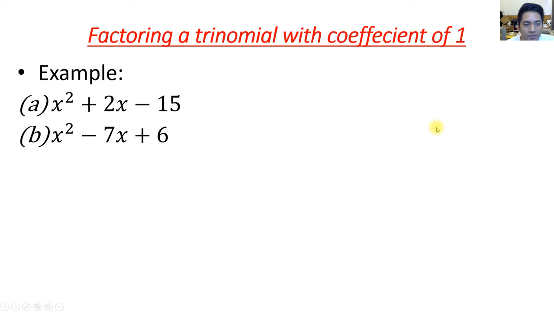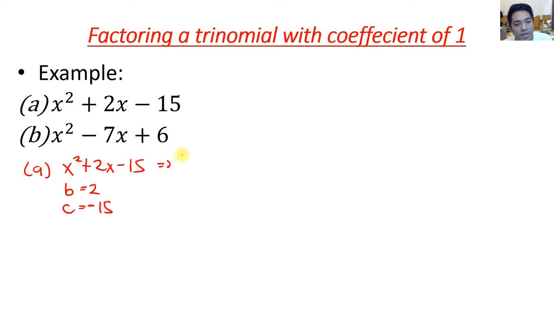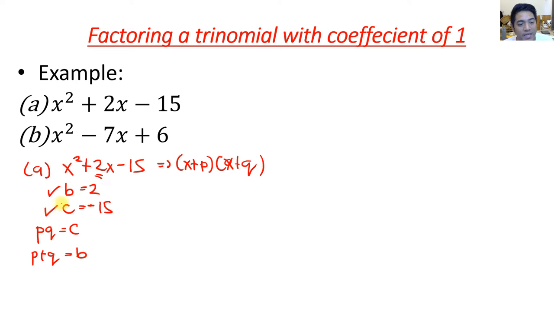So, let's try. For example, in this x squared plus 2x minus 15, if you're going to identify, the b here is 2 and the c here is negative 15. We say that we can factor this as x plus p and x plus q, on the condition that pq should be equal to c and p plus q should be equal to b. So, we have a b here, the coefficient of x, which is 2, and a c here, the constant, which is negative 15.